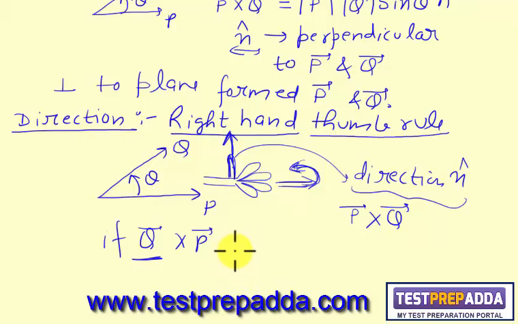Down the plane, inside the plane, and that will be the direction of Q cross P. I hope you have understood this concept.